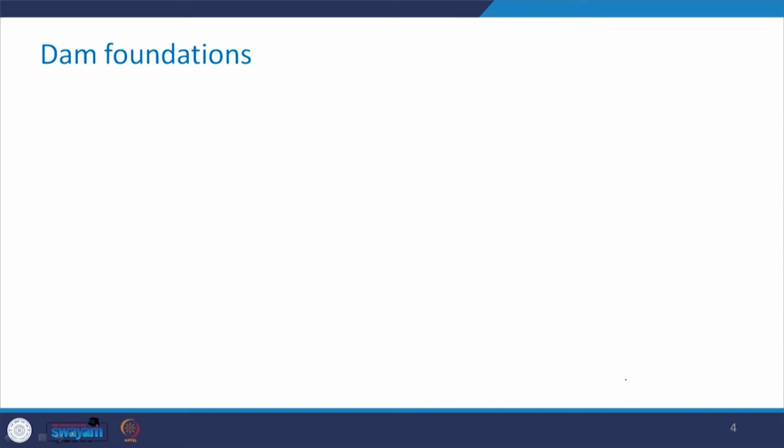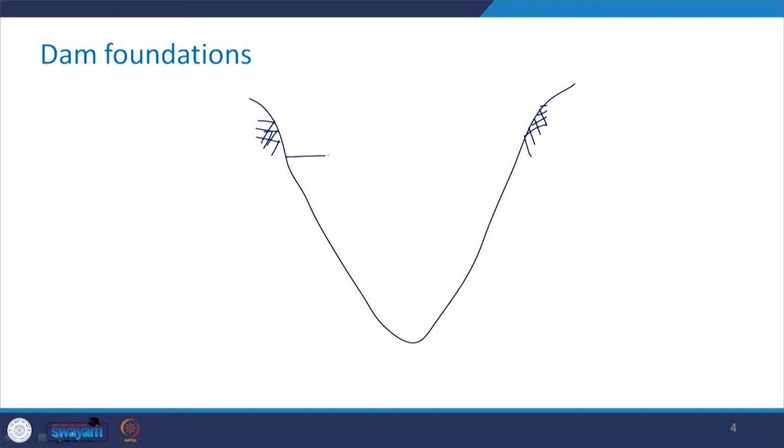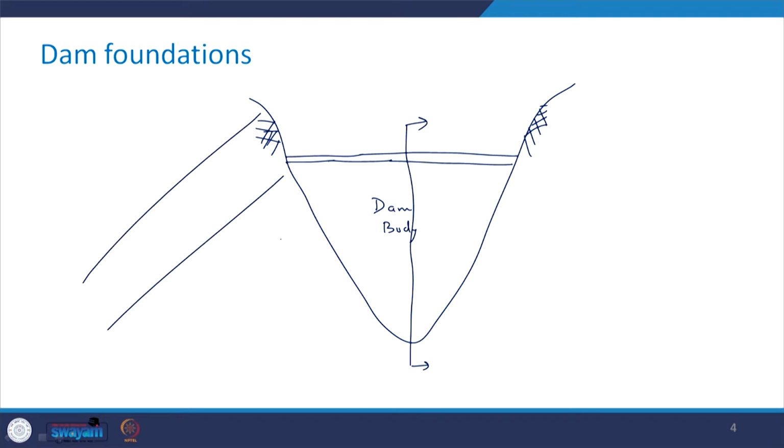So, here let me draw a picture in order to show you how these structures look. Say this is your ground surface, and you have here a dam body. So, this is your dam body, and I take a section. I will draw the cross section a little later, and then here we have the rock mass.